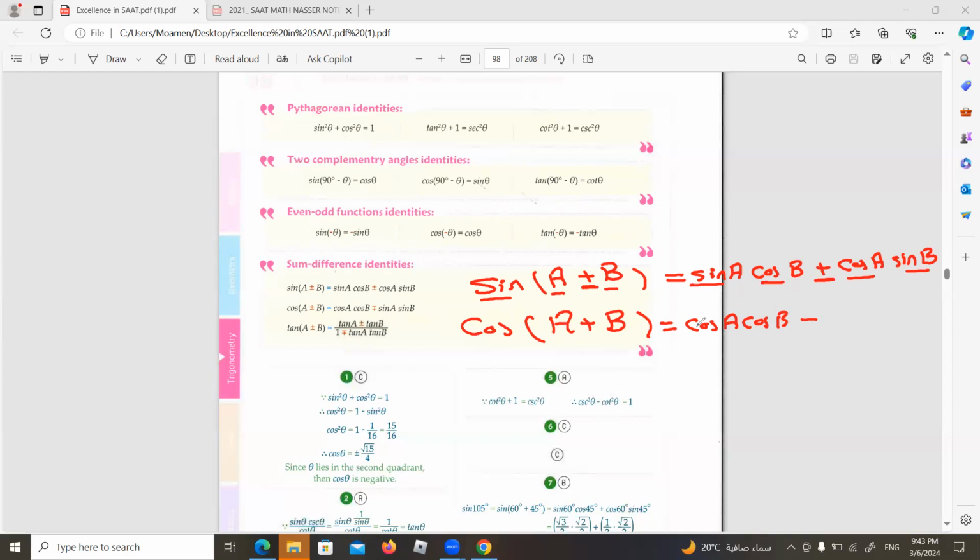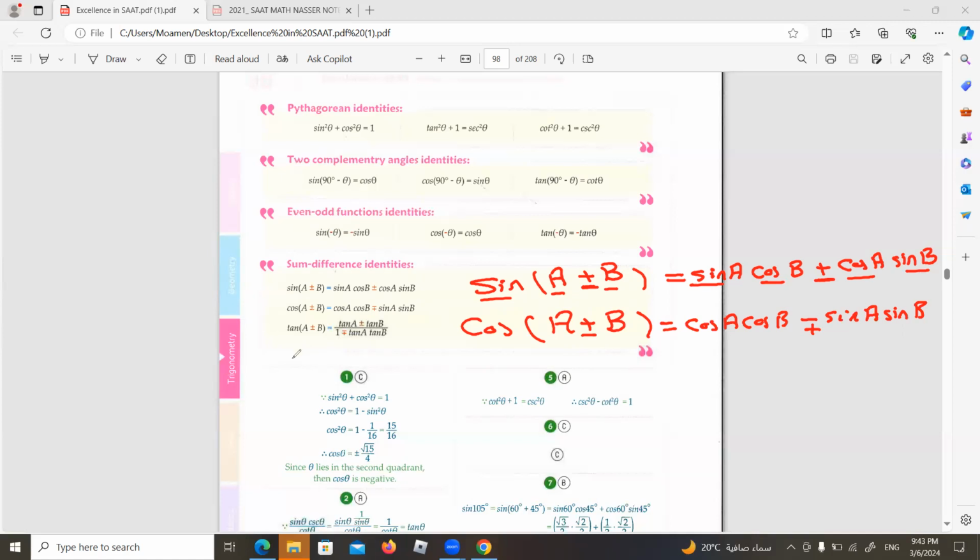In cosine, it's opposite. If you have plus here, it will be minus here. What about if it's a difference? This will be plus. The cosine is opposite. If it's positive, the middle sign will be negative. If it's negative, the middle sign will be positive.